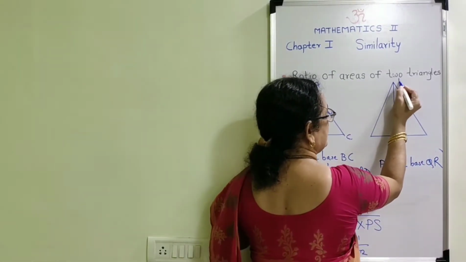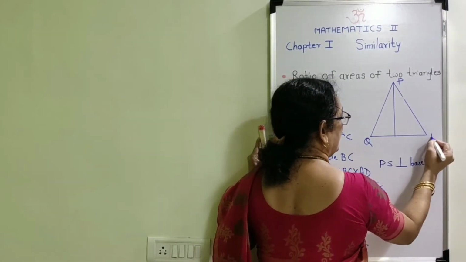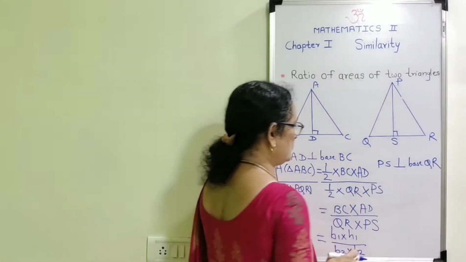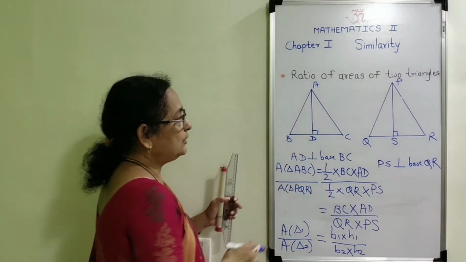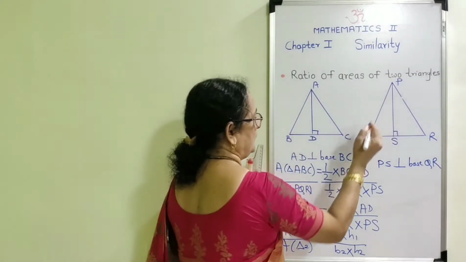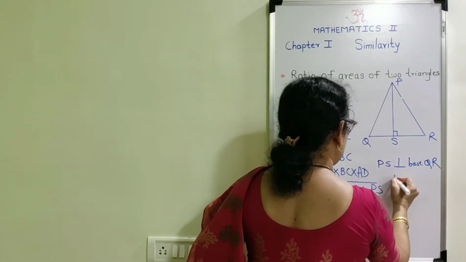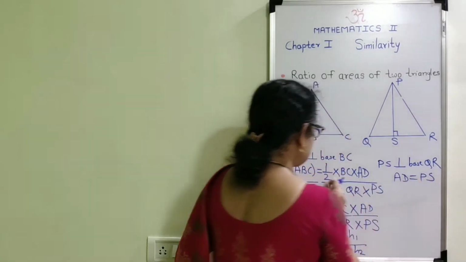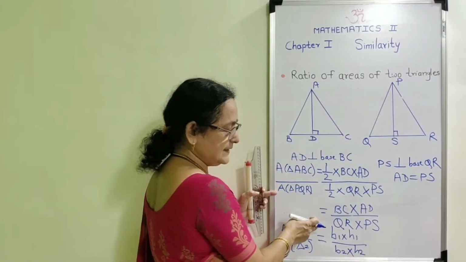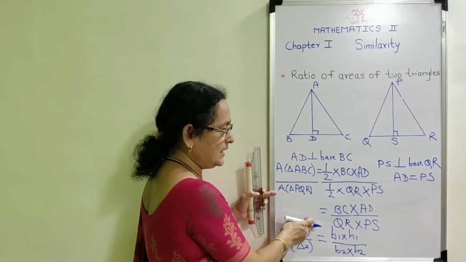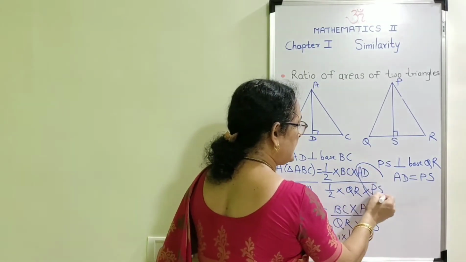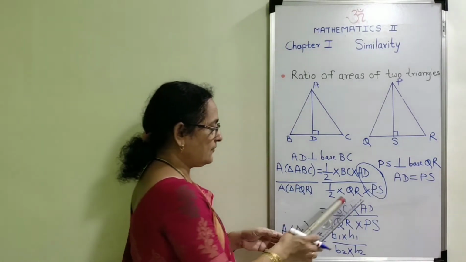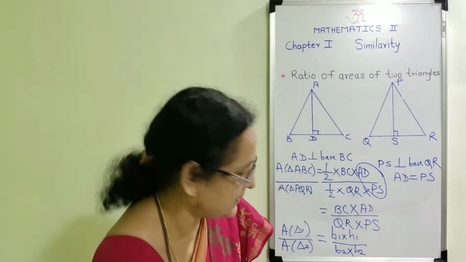First one, this triangle is PQR. Again, PS is the perpendicular on base QR. But here, the two heights are equal. They have given that AD is equal to PS. Since 1/2 is common, it gets eliminated in the first property. Now here AD and PS, both the heights are also equal and therefore heights also get eliminated.